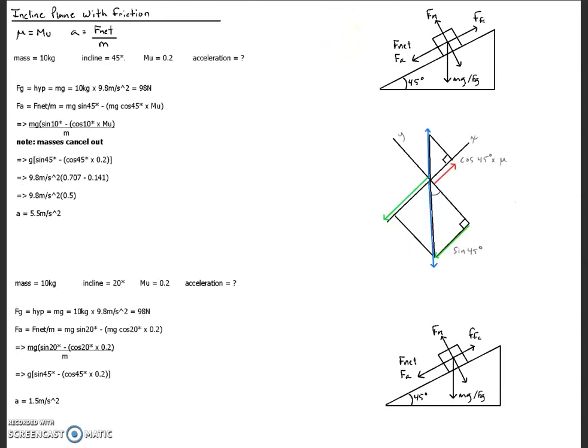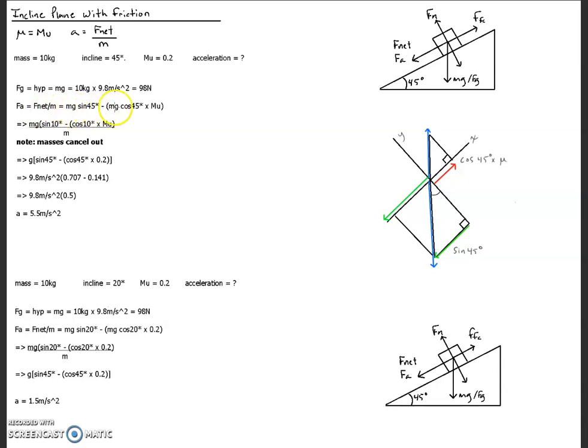So if we progress here and we add friction, we use this symbol, otherwise known as mu, the Greek letter. We'll use the same formula, but we're going to apply mu. So here, there's nothing changing. We've got Fg, do our conversion to 98 newtons, Fa, F net over m.